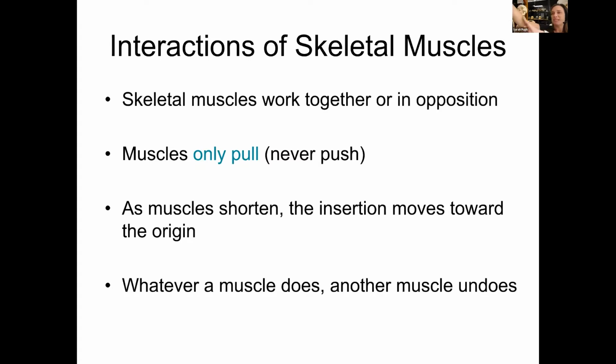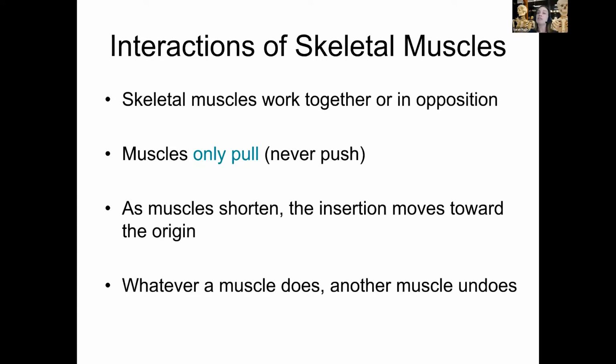Your bicep is connecting down here at the radius and the ulna, and it's pulling it. So muscles only pull, they never push. Your bicep can't push it back out. That's where your tricep comes in. Your tricep's going to pull it the other direction, and it's going to extend back out. Okay, so muscles only pull, they never push.